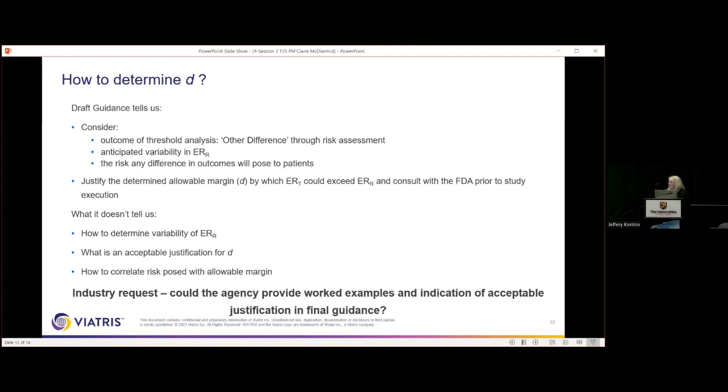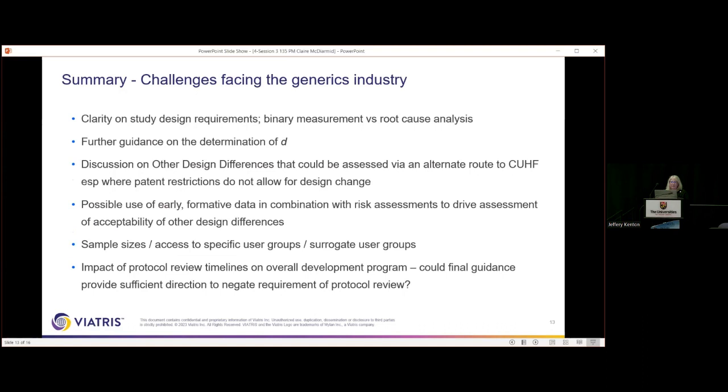But what I'd like to think is that we can get to a point in time where some of the low-hanging fruit can be set as an acceptance, as an example. Some of the work that Katharine spoke about there could be really beneficial to us as we look to further guidance. So in summary, we are facing challenges.